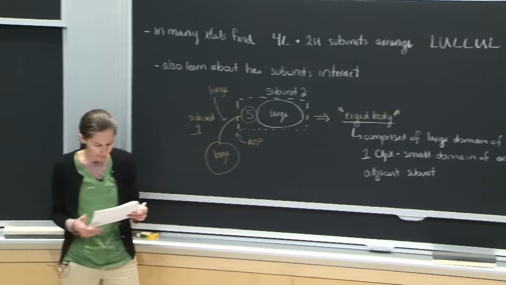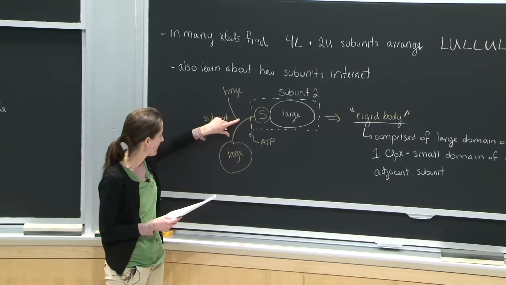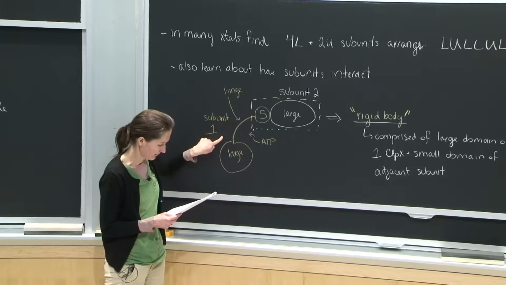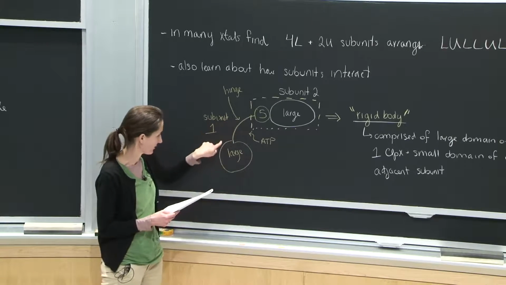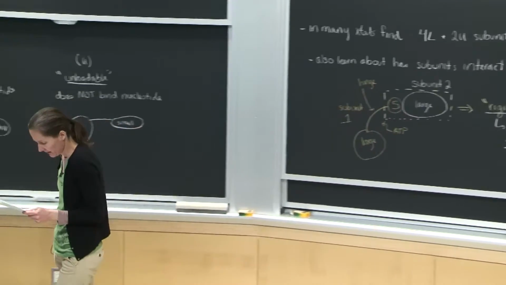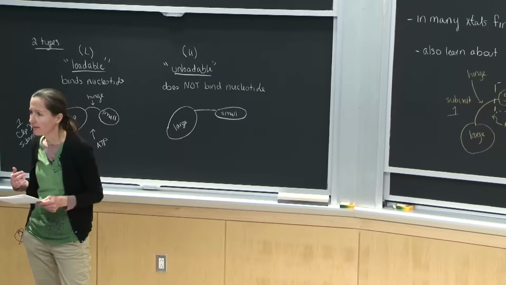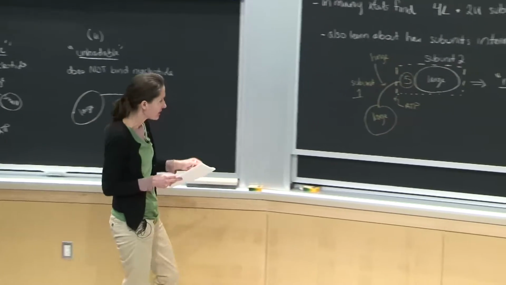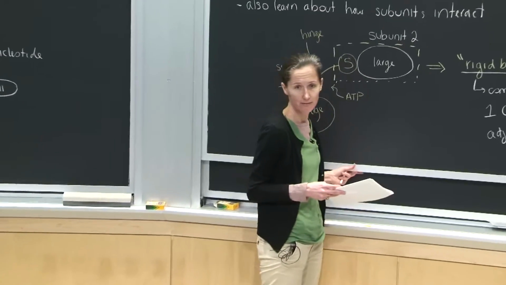Okay? And so the hinges are within a single subunit, right, based on this cartoon where ATP binds. And so the thinking is that ATP binding and hydrolysis results in changes in the hinge geometry.